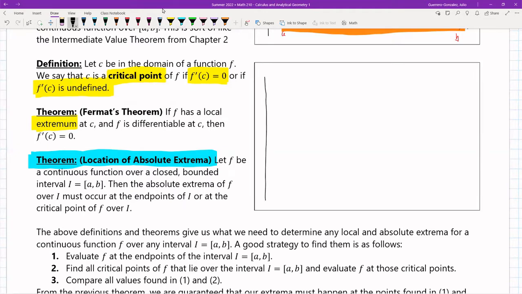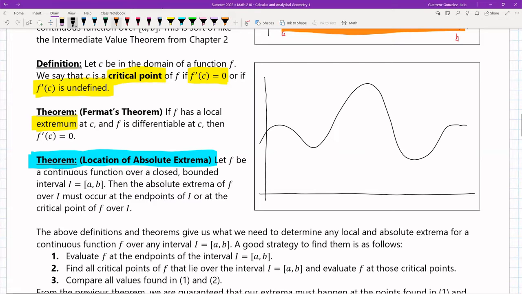I've done this picture above, but it has a different consequence here. So f is a continuous function over a closed bounded interval. I'm just going to draw a squiggle over [a, b], and this is my A, and this is my B.